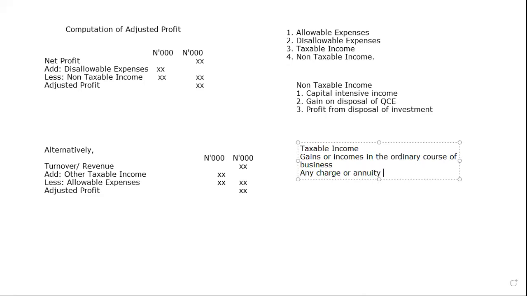You also have dividend, interest, or discount. But we need to look at the complexity of dividend, because the law provides that withholding tax on dividend shall be the final tax on dividend. So those are examples of non-taxable income and taxable income.